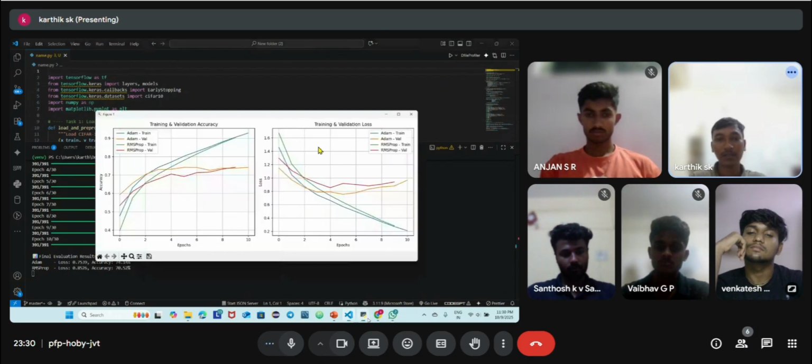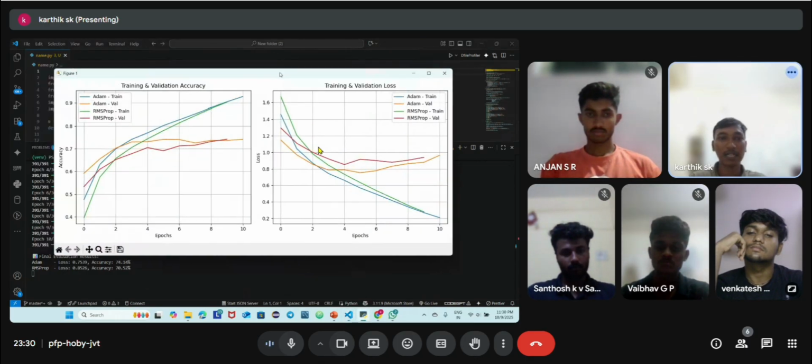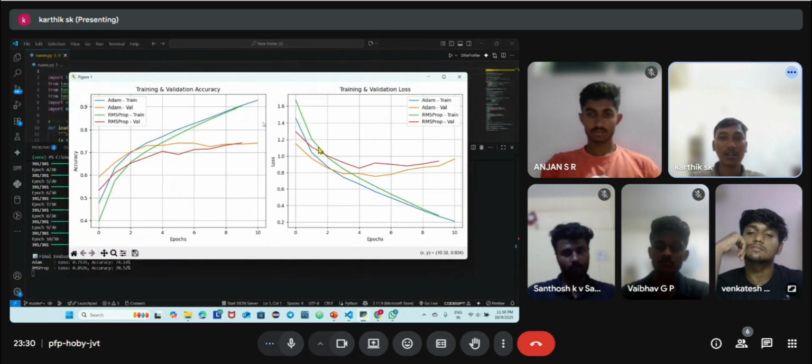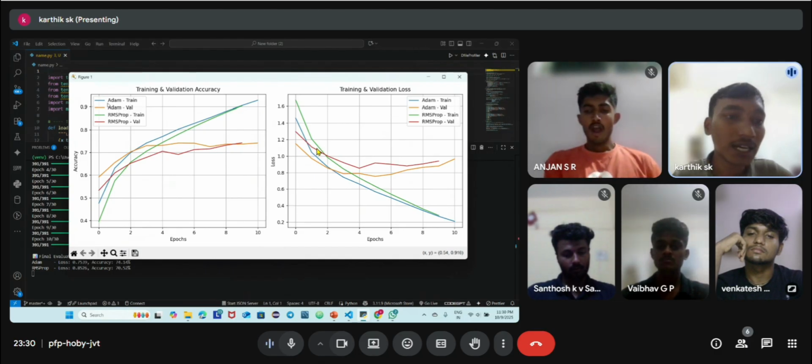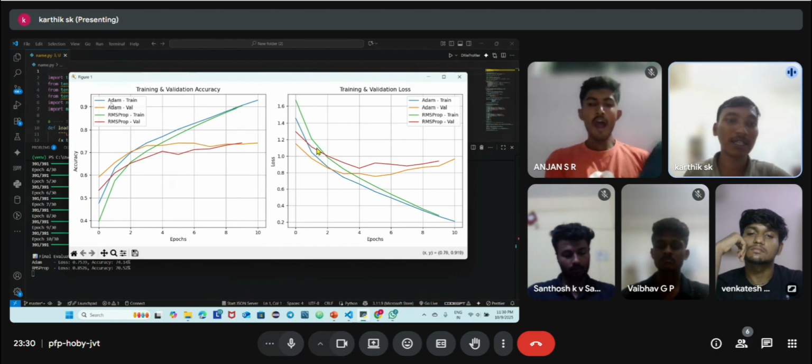Now it plots two different graphs, a training and validation accuracy graph and a training and validation loss graph. At first, in the training and validation accuracy, it gives the Adam train and validation and the RMSprop train and validation, where the blue line is for the RMSprop train and the green line is for the RMSprop validation.